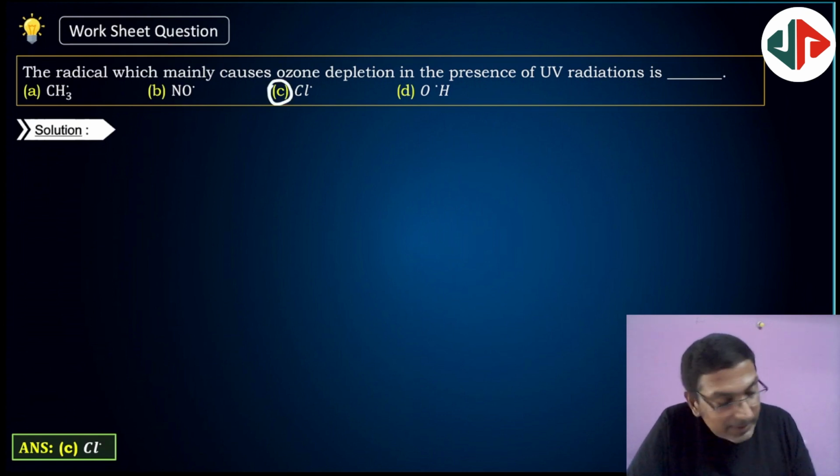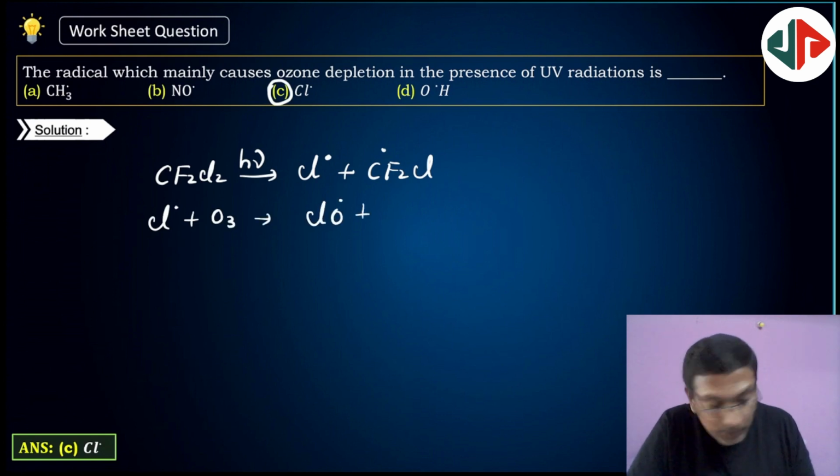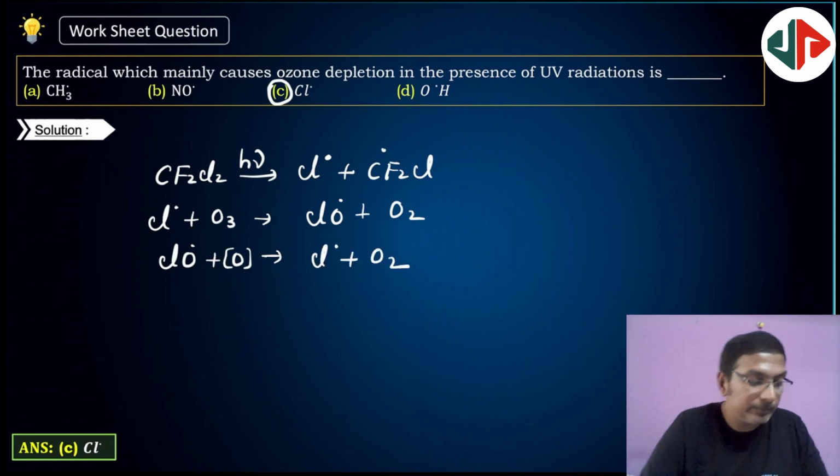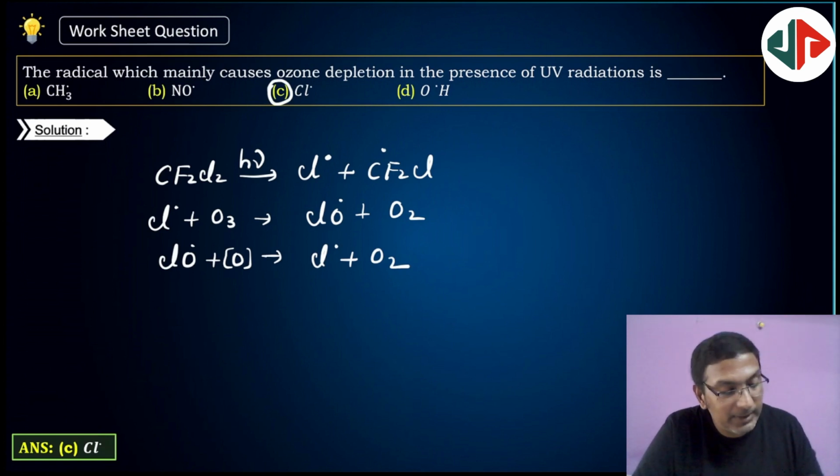CF2Cl2 in the presence of h nu produces Cl radical plus CF2Cl radical. The Cl attacks O3 to form ClO radical plus O2. So the ClO radical combines with O to form Cl radical plus O2. So Cl radical is responsible for depletion. Option C. So here OH radical should be there. Next.